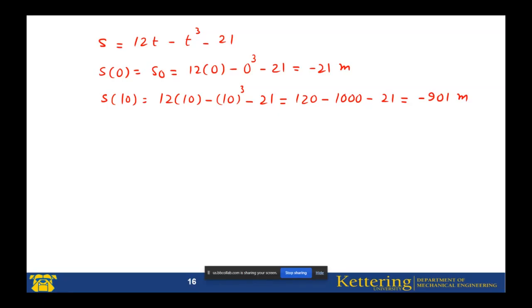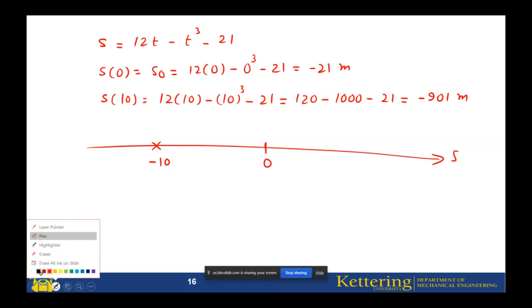Now, I will draw the position of this particle during different times to see how this particle moves. Look, it's a rectilinear motion from the origin. At t equal 1 second, it is minus 10.